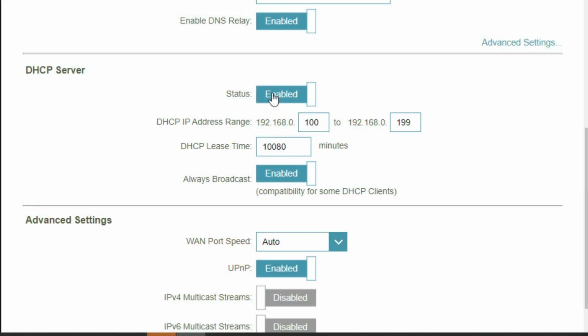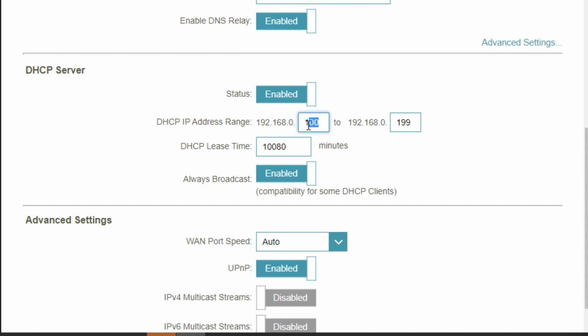Let me go back to my zoomed-in section on my router, and you can see that my IP range, when it's assigning things, starts at 100 and only goes to 199. So I'm only capable of assigning via DHCP, which is Dynamic Host Configuration Protocol, I believe, 100 different devices to my network automatically.